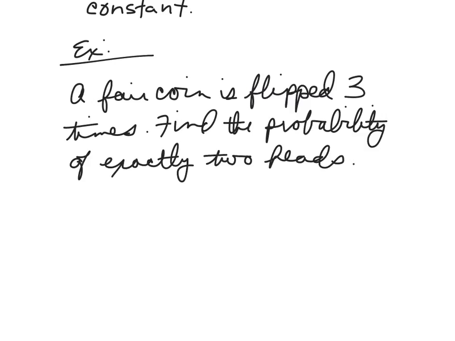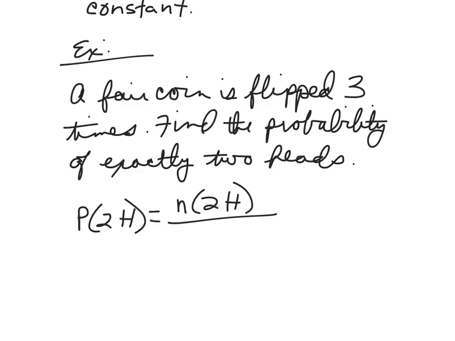Now, here's how we would have to figure this probability right now with the tools that we've learned so far in this class. The probability of getting 2 heads, if we go back to the definition of probability like we did earlier in the class, equals the number of ways we can get 2 heads over the number of items in the sample space.